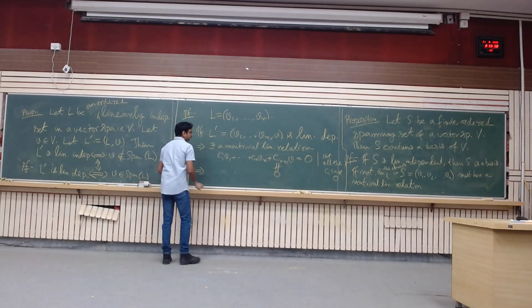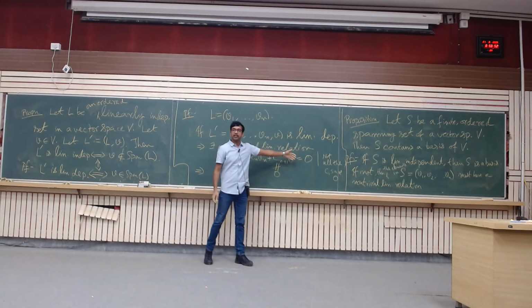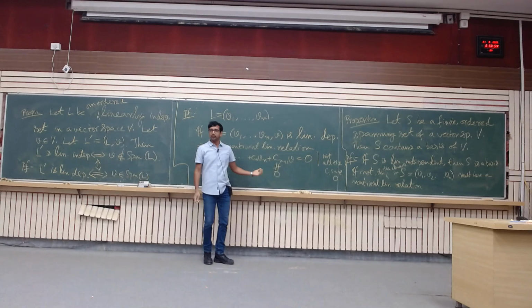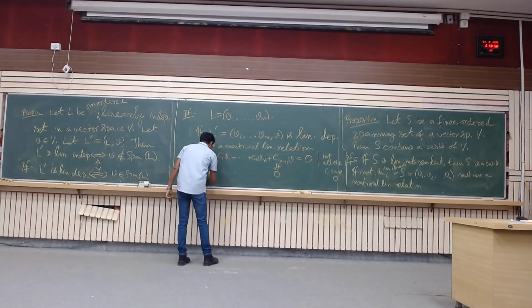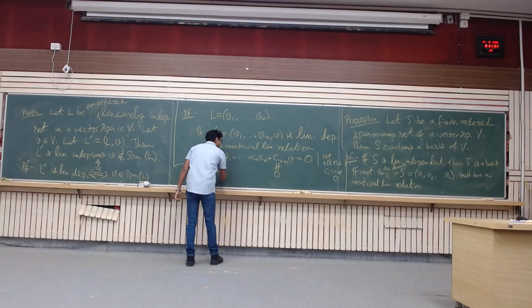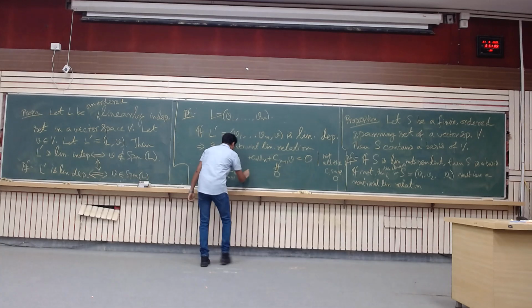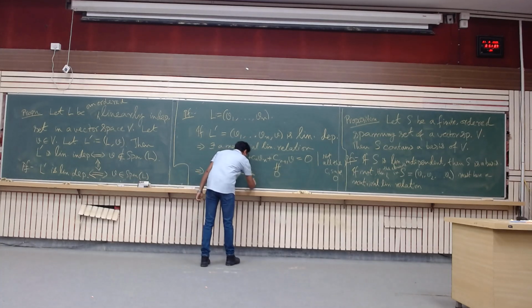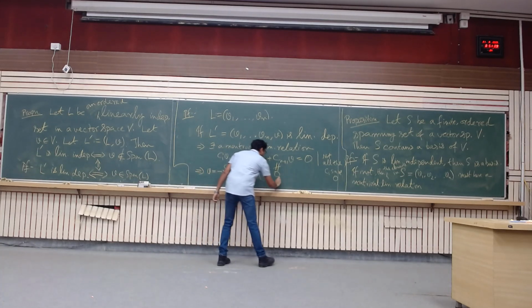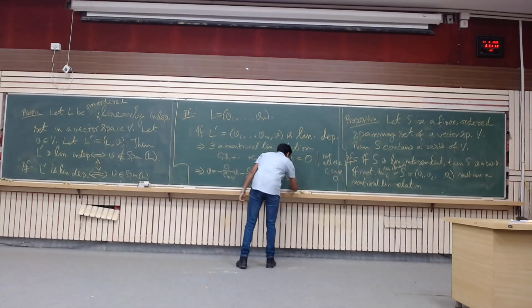So we can take this to the other side, divide by c n plus 1, and get that v is equal to minus c1 by c n plus 1 v1 minus c2 by c n plus 1 v2 dot dot dot minus cn by c n plus 1 vn.